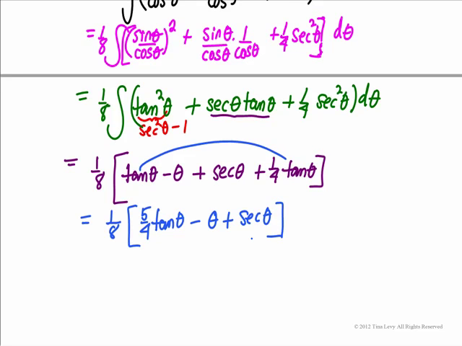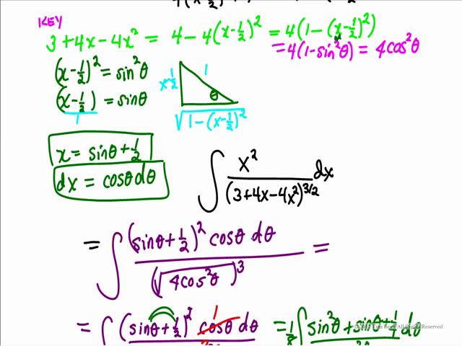Now we're ready to go back to the triangle. So I'll move us back and we'll put the triangle again. This triangle is going to give us the information we need to complete the problem. The triangle had a side opposite of x minus a half. The hypotenuse was 1, and then we got the square root from the Pythagorean.